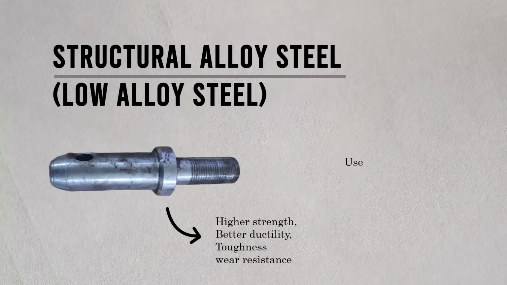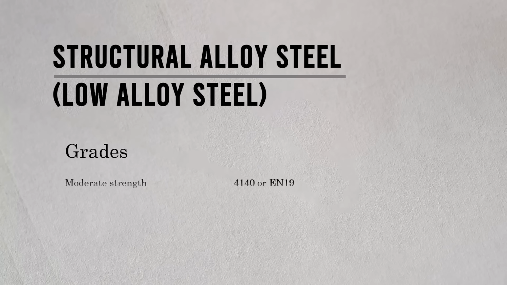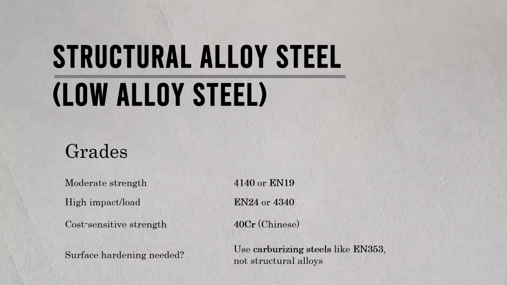We use it in shafts, pins, machine spindles, frames, and heavy duty moving parts. The steel grades for moderate strength are 4140 or EN19, for high impact load EN24, and there are some other grades.